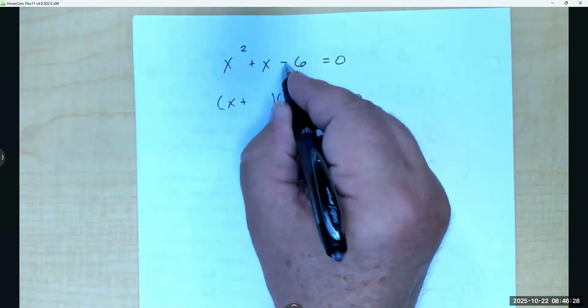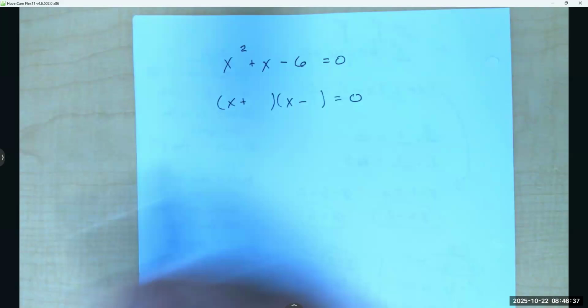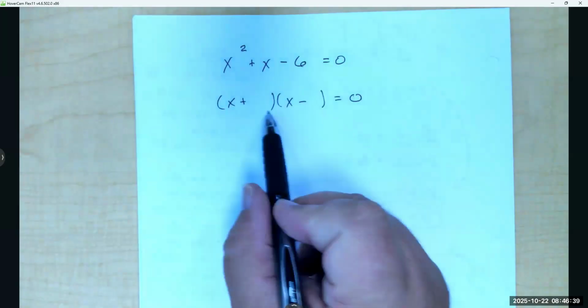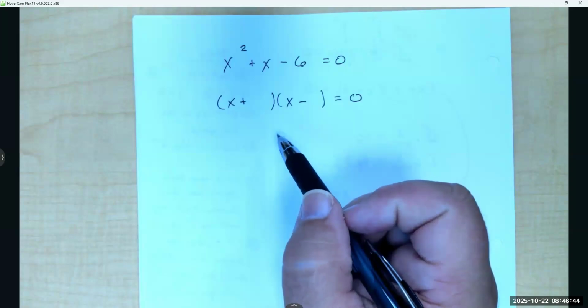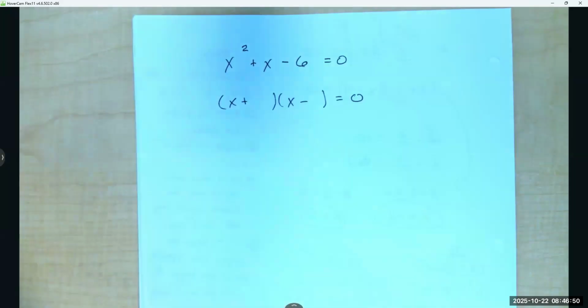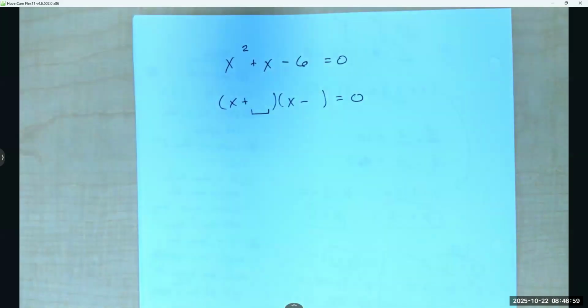That's all this sign tells me. One's gonna be positive, one's gonna be negative. What's my next step? Well, what else is it? What is that same step? What else does it tell me? So the first sign is positive, so the larger number will go here.